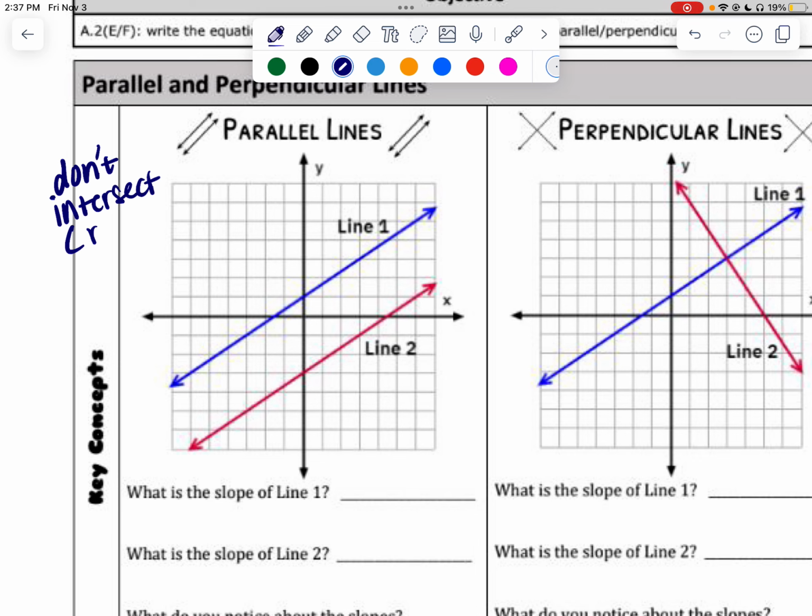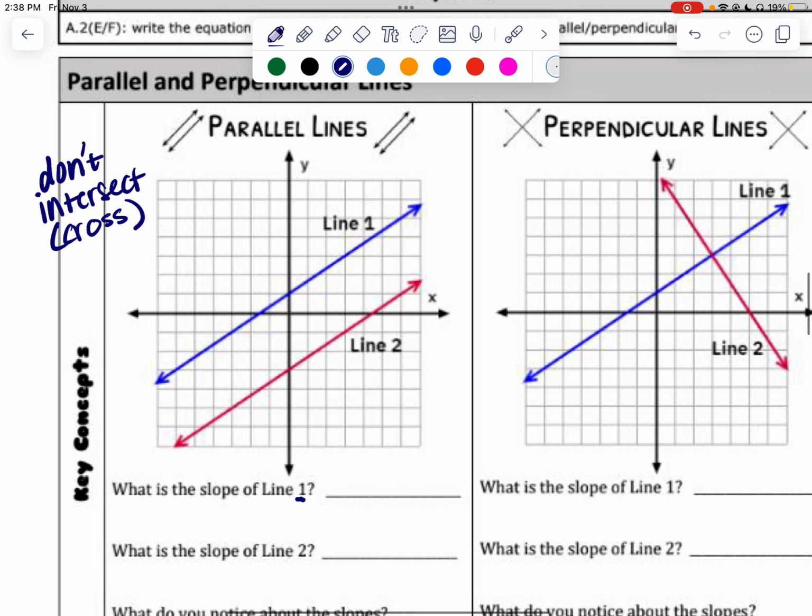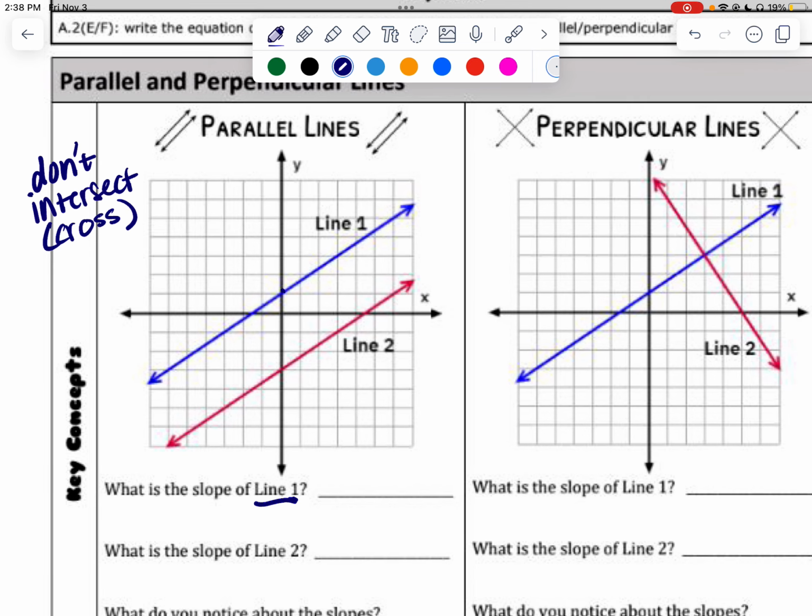But specifically, there's something else that happens with parallel lines. Now, if I'm looking at the slope of line 1 right here, I'm going to pick 2 points. I'm just going to do rise over run because that's what slope is. So slope m is rise over run. I'm going to start with the left side and go up 2 to the side 3. 1, 2, 3.